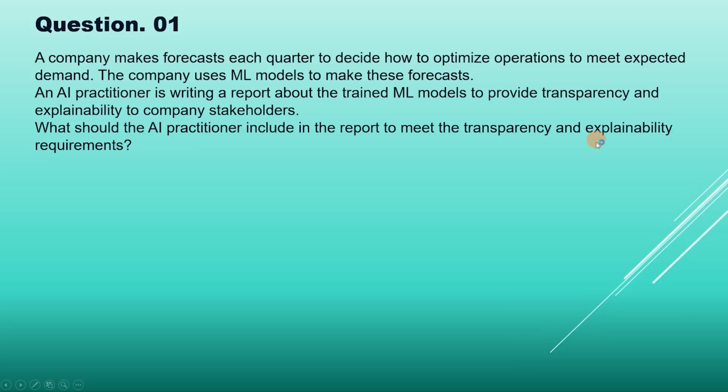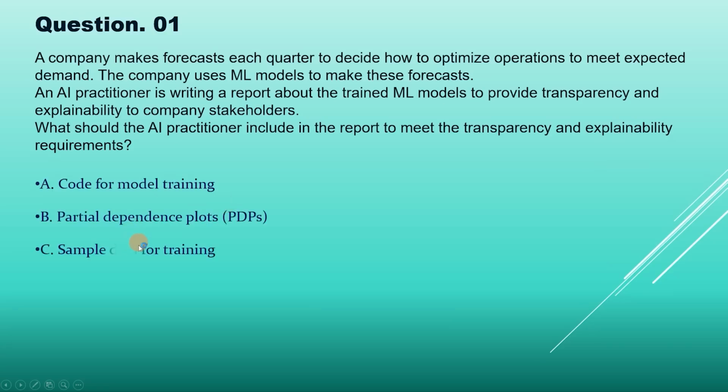So this is the key term here: transparency and explainability. The options are code for model training, partial dependence plots, sample data for training, and model convergence tables. The correct answer I will tell you, but before that please try to understand the question and take your time to guess the answer.